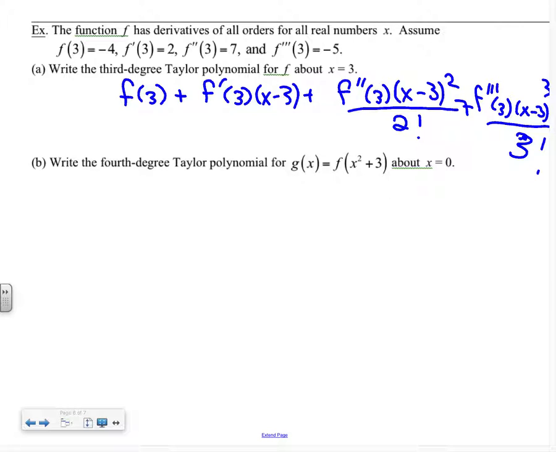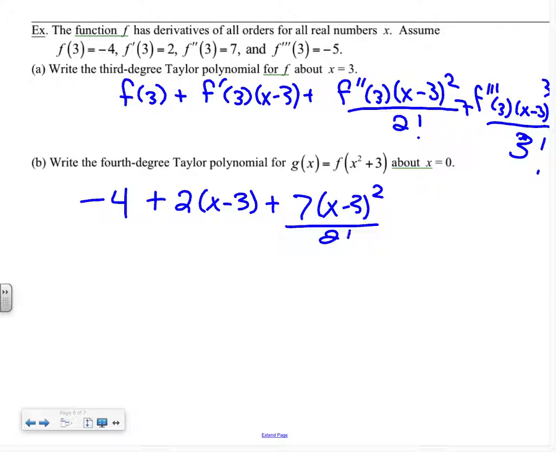All right, f of 3 is negative 4. F prime of 3 is 2. F double prime is 7. F triple prime is negative 5.